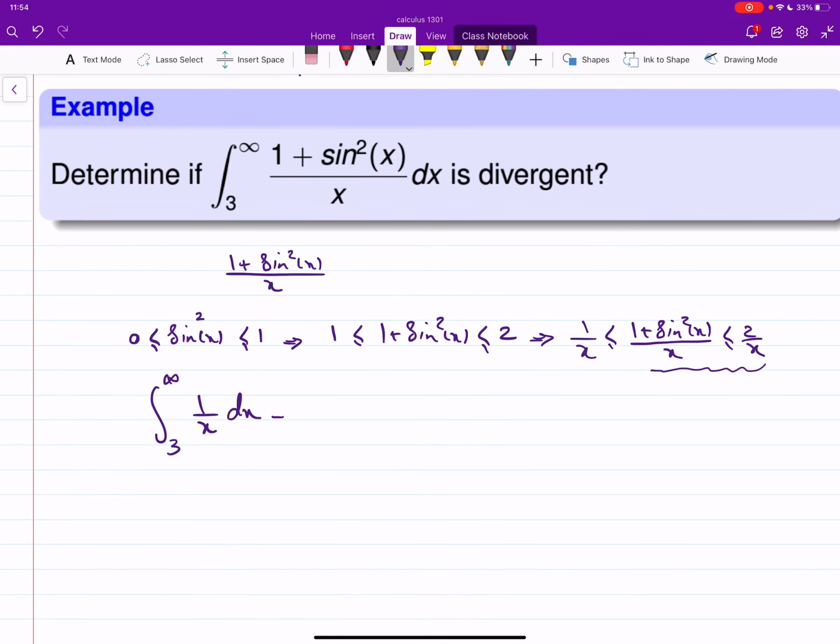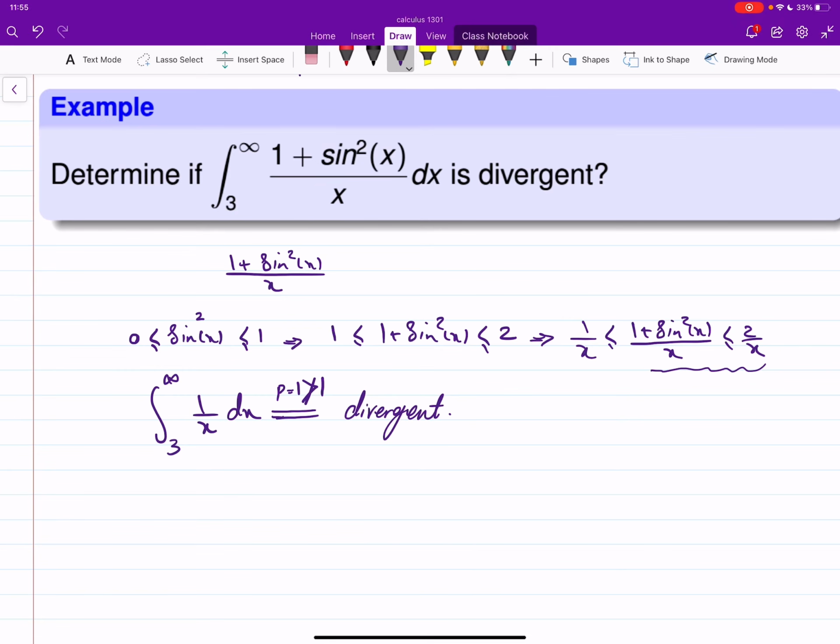Here, you remember that for p integrals, p equal to 1. If p is anything bigger than 1, then that is convergent. Now it is not bigger than 1. That means that this is going to be a divergent integral.